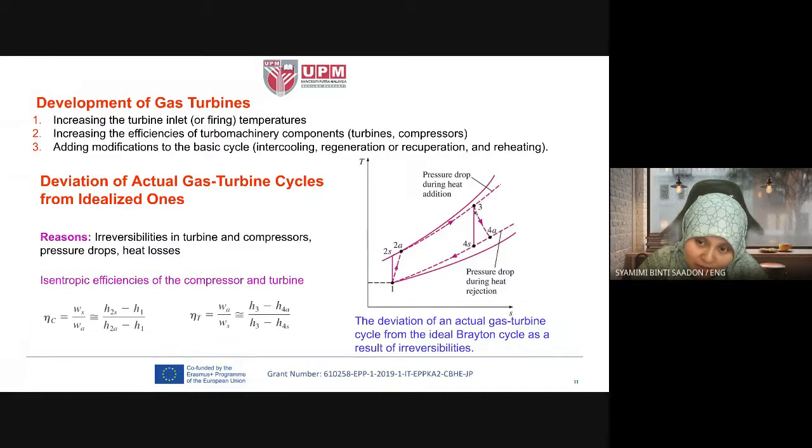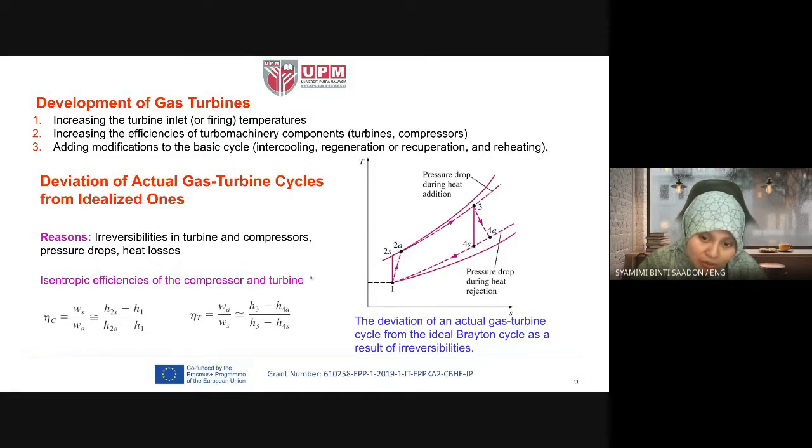If we increase the efficiency of the turbine, it means that the location of 4A approaches 4S, approaching the ideal cycle situation.